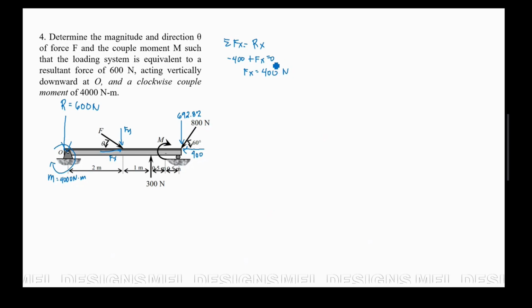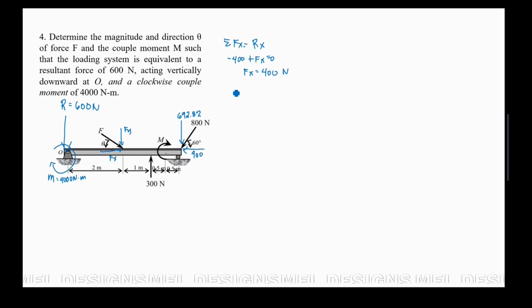Why did I equate it to 0 here? Because the problem says the resultant force is only 600 Newton acting vertically downward. It did not say there is a resultant force acting horizontally. So I equated it to 0. The resultant force along x is equal to 0. Therefore, Fx is equal to 400 Newton.